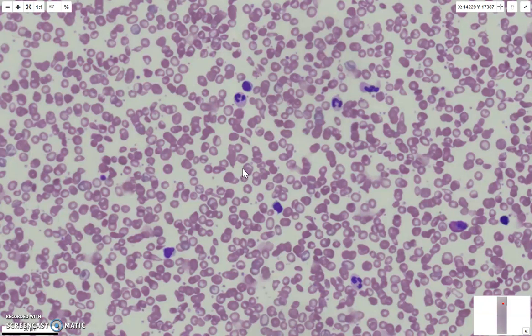So either the alpha beta globin chains haven't been produced correctly, or there's a substitution of amino acids on the beta globin chain that have produced variant hemoglobins.